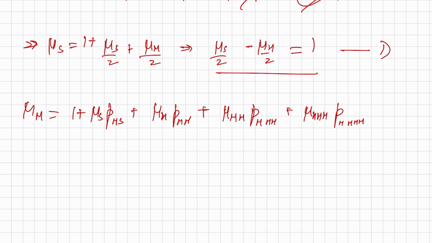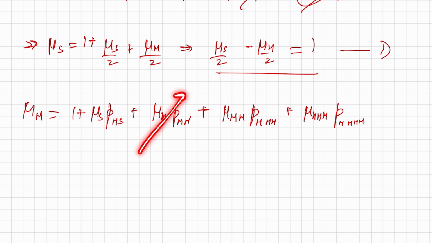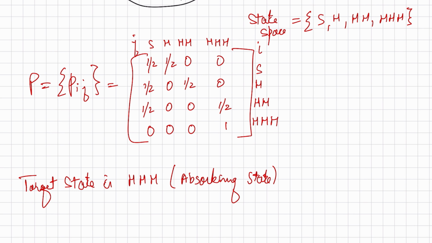This will be 0 because mu HHH is 0, and the probability of jumping from H to HHH is also 0. This one is 0 because the probability of being in H and staying in H is 0. It's only half for the other two states. So use this.